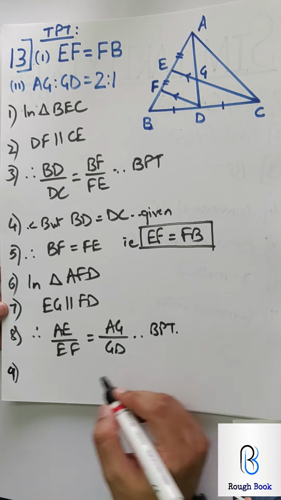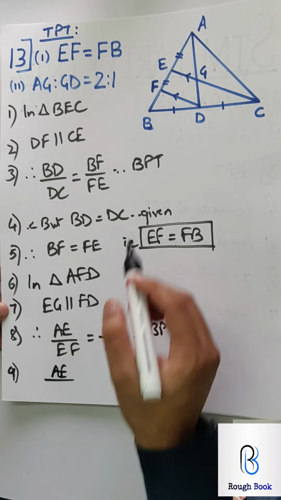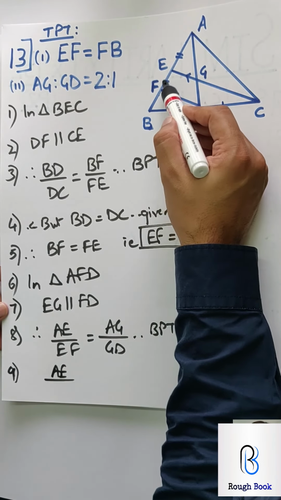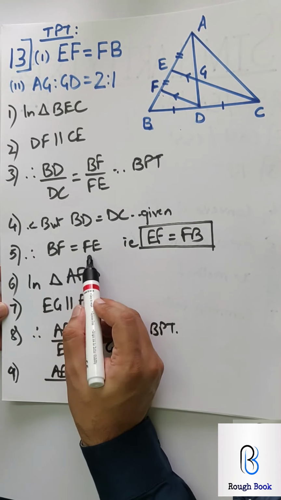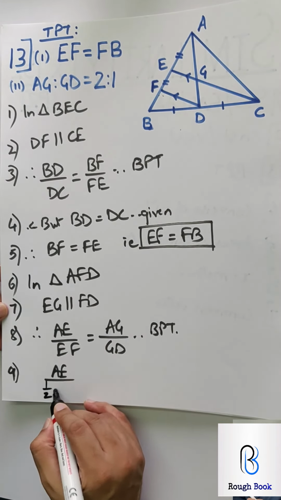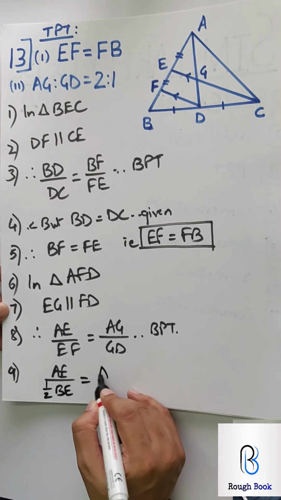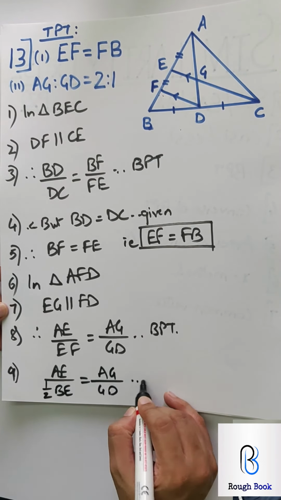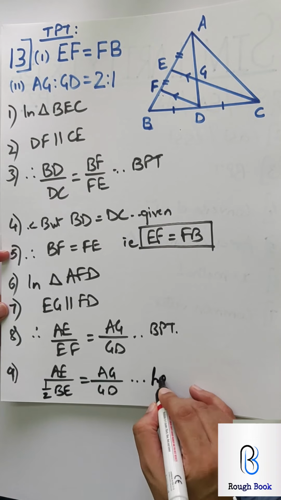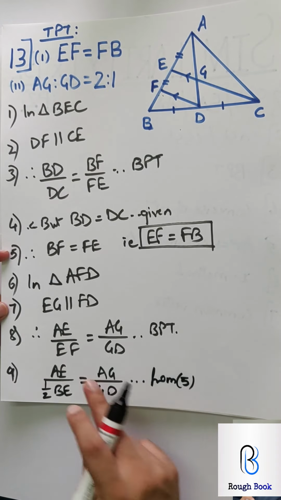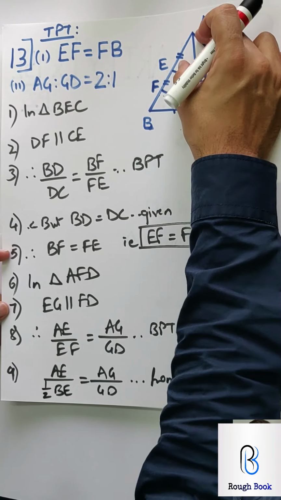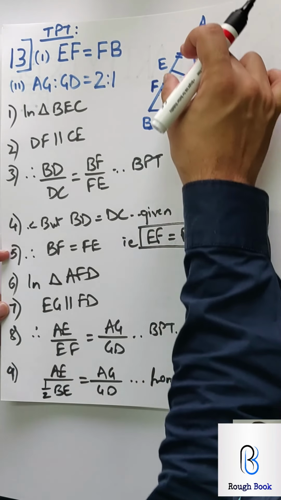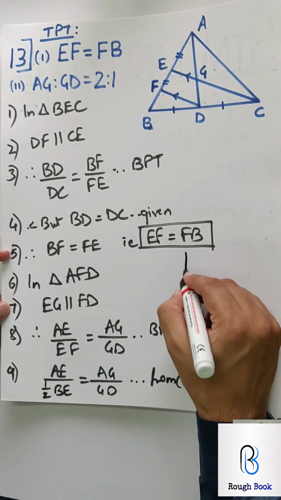What should be done now? So AE, and for EF you can say half of BE. Why? Because both are equal. So I will say over here half of BE equals AG upon GD. And for reason you can write from 5. So in 5 we have mentioned that both are equal. Now BE is equal to AE. So instead of BE, I will write AE as my next step.